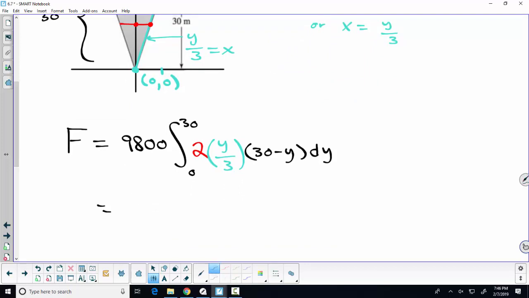So let's take out our constants. We've got this over 3, times 2, integral from 0 to 30, y times 30, minus y times y.